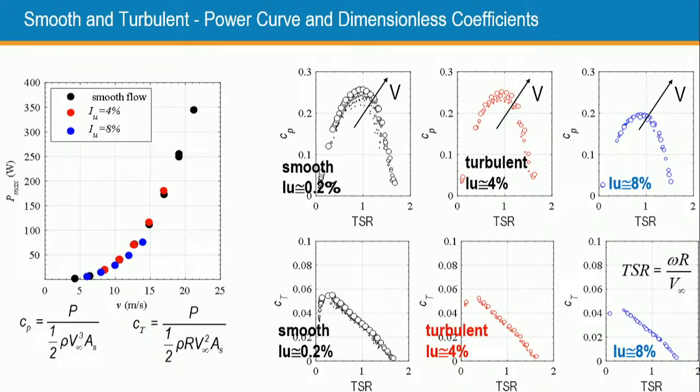The efficiency can also be investigated in terms of dimensionless coefficients, the power coefficient and the thrust coefficient, and here you see the diagrams versus the tip speed ratio in smooth flow and turbulent flow. So, as expected, the efficiency seems to reduce with decreasing wind velocity and in turbulent conditions, both for the power coefficient and for the thrust coefficient.